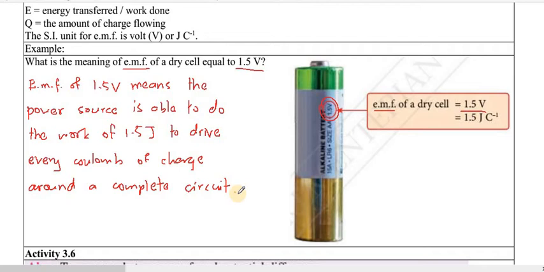So if the label or the EMF of the power source is 12 volt, for example, then it means that the power source can supply 12 joule of energy to every coulomb of charge that comes out. And then that 1 coulomb of charge will use that energy to go around the complete circuit. Alright.